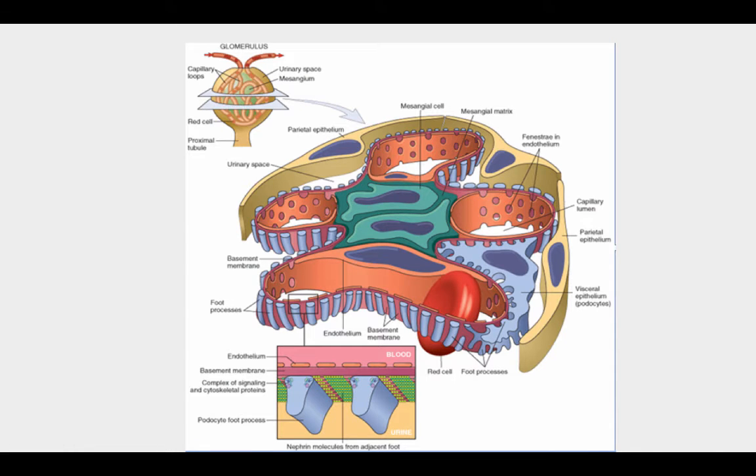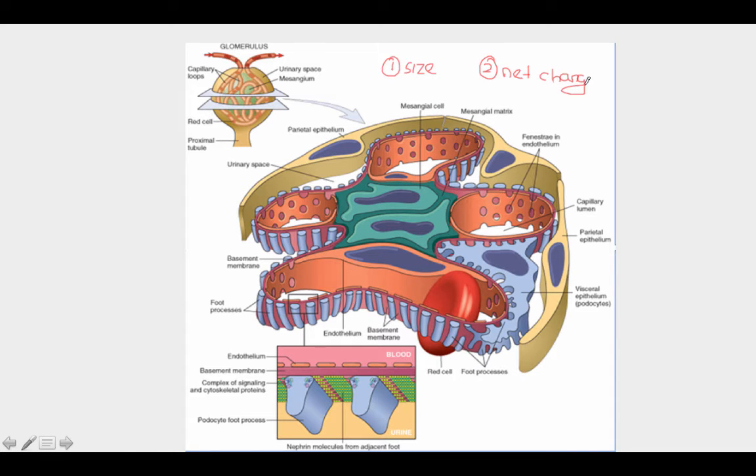And the reason the glomerulus produces such a specific filtrate is because it filters the plasma according to size, right? Number one, it filters according to size and it filters according to net charge.